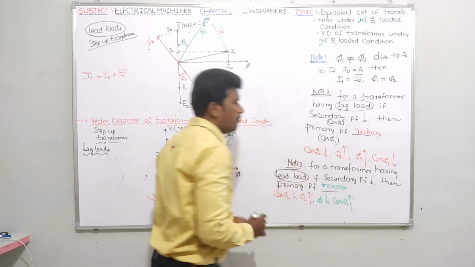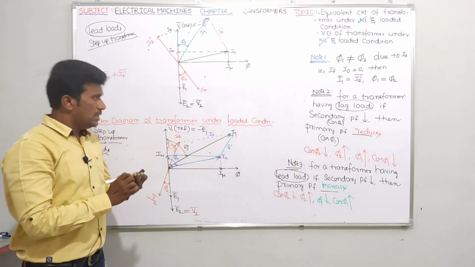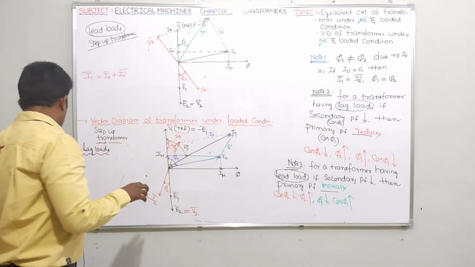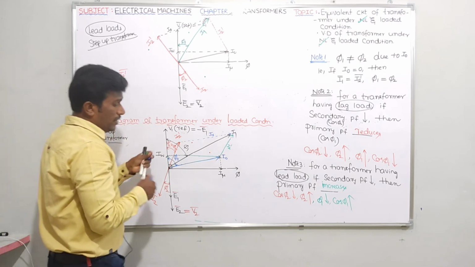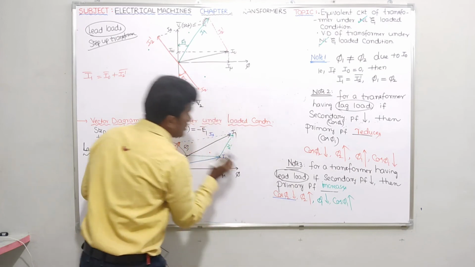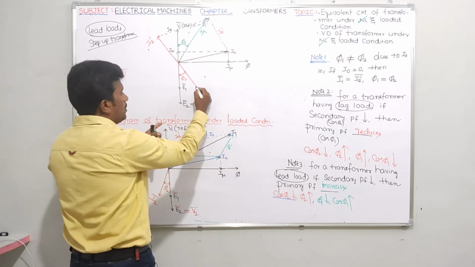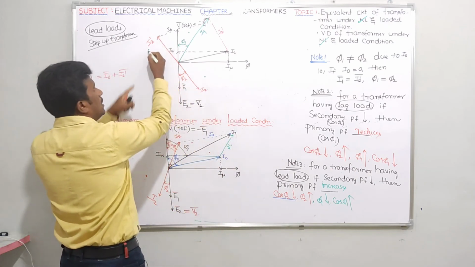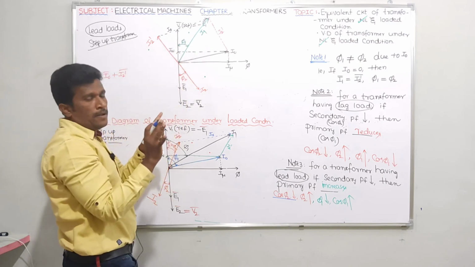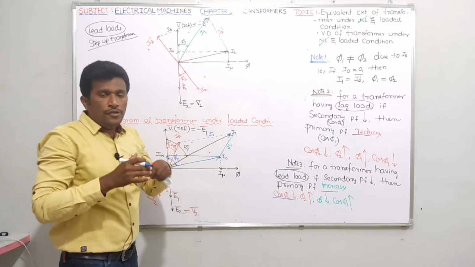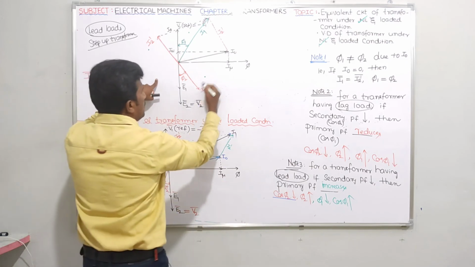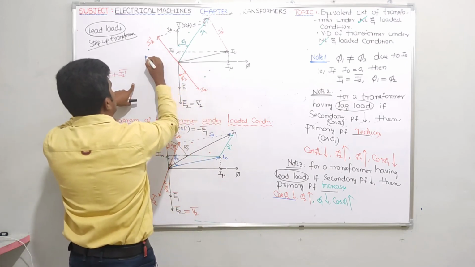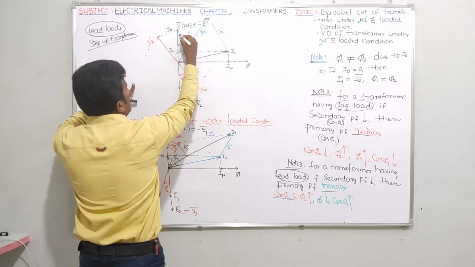But don't stop with this only, because in lead loads there are some specialties. Try to observe here. Suppose I reduce cos pi 2 to some extent, so the I2 vector comes here, I2 dash comes here, I1 comes here. Suppose you reduce cos pi 2 once again, so I2 comes somewhere here, I2 dash somewhere here, and I1 somewhere here.